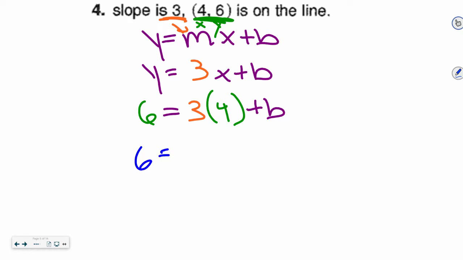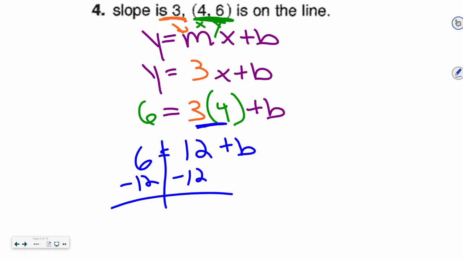I'm going to multiply. 3 times 4 is 12 plus b. And now I can solve for b by getting rid of this 12. And I get -6 equals b. So the equation to this line is y equals 3x, again my slope, minus 6, my b. And I just plug that in.